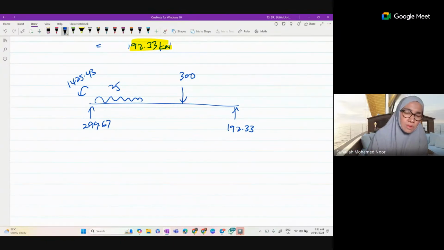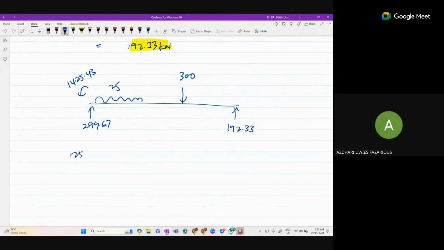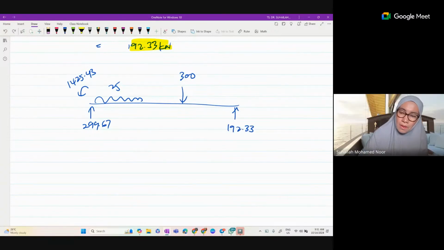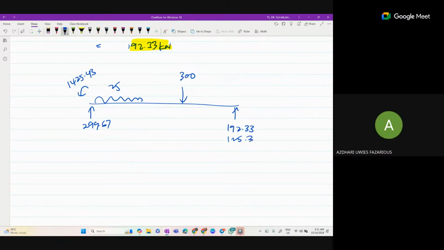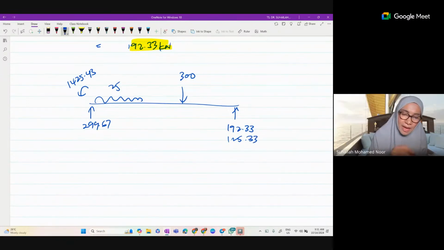Dapat tak kosong? Madam, DY saya dapat lain. Berapa dapat DY? 125.33. Sekejap. 125.33. Cuba check. Kita check for equilibrium, check for FY. 0.